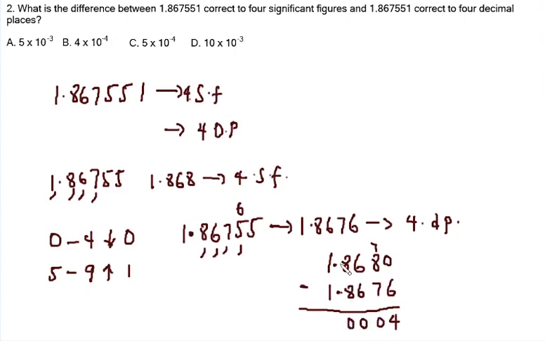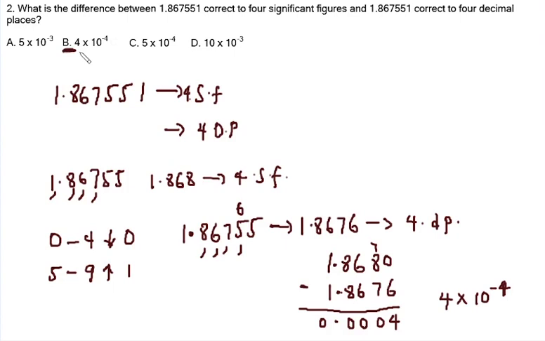And then we bring down our points. And then this is 0. So from here, we have how many zeros? 1, 2, 3, 4. So we can write it in standard form by saying 4 times 10 raised to the power of minus 4. So our answer in this question is B.